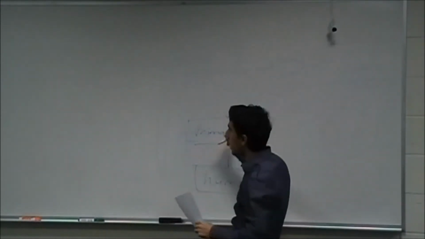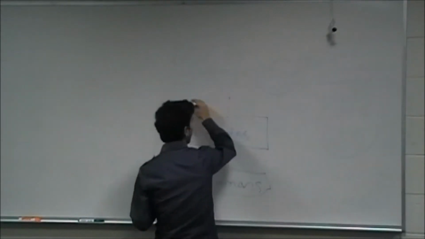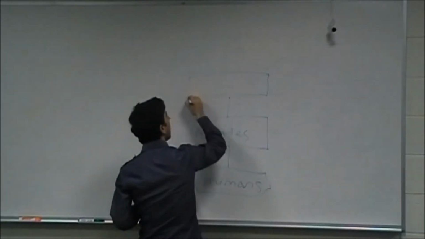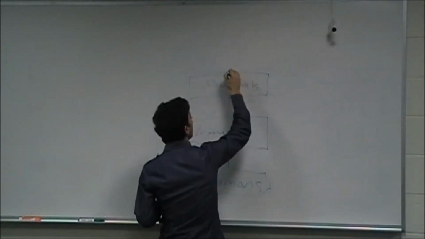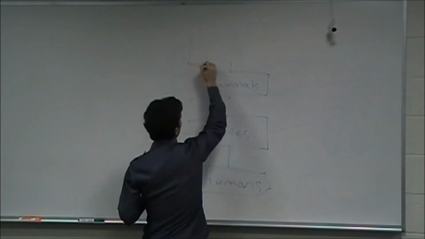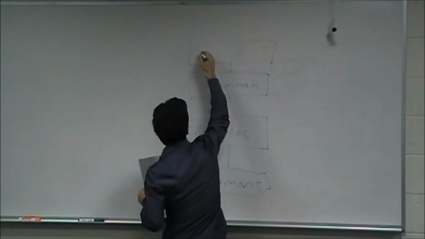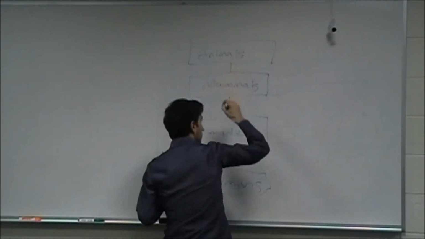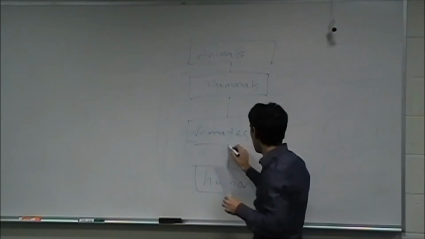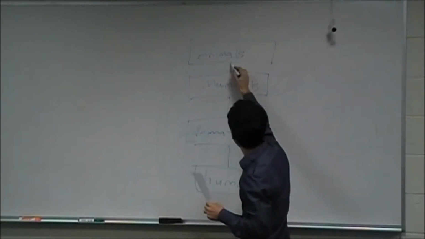And we know that all the primates are mammals. And all the mammals are animals. So this is a kind of hierarchical chart that goes up this way.